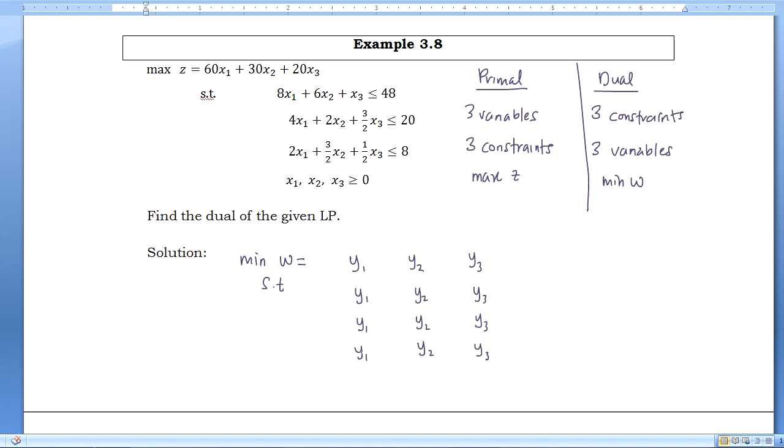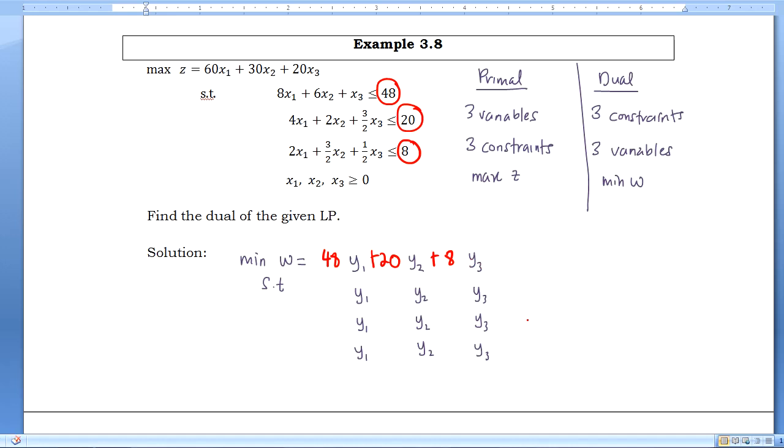We have three constraints. Now let's fill in the coefficients in the objective function. The coefficients of the objective function in the dual LP come from the right hand side of the primal. Therefore, we have minimize W equals 48y1 plus 20y2 plus 8y3.